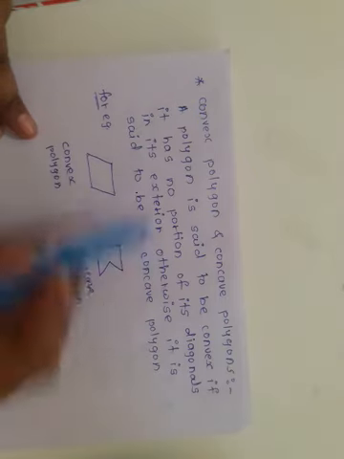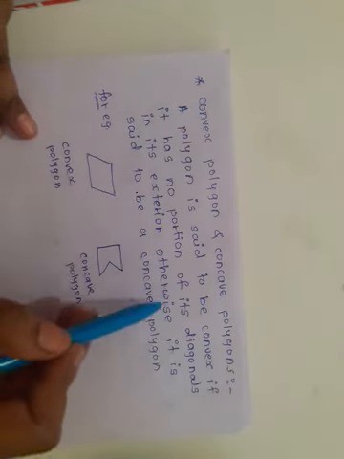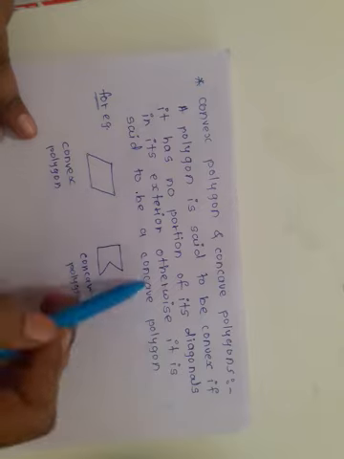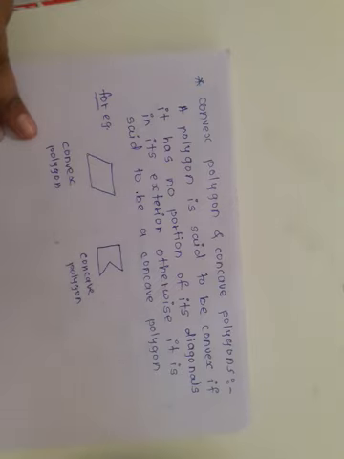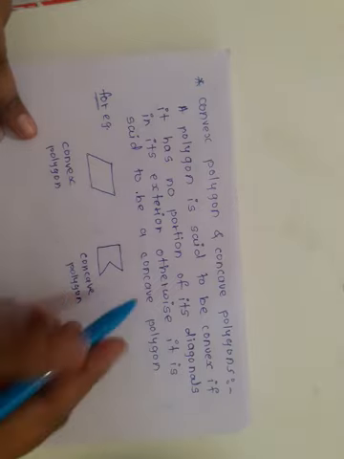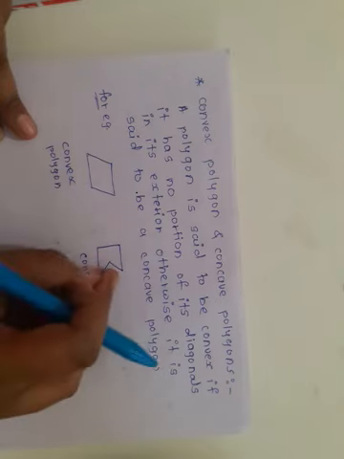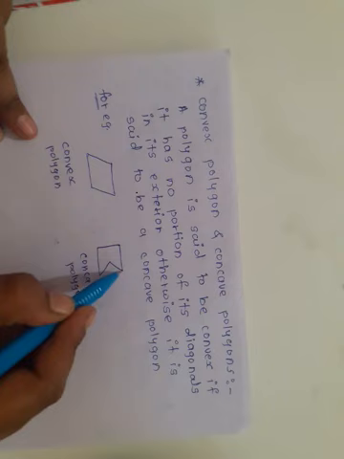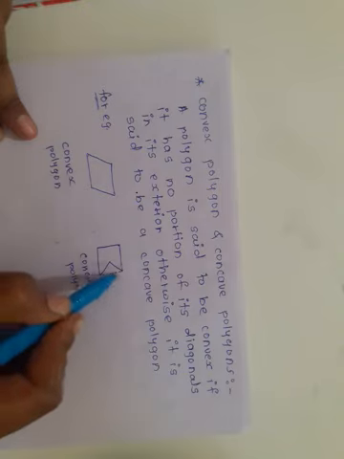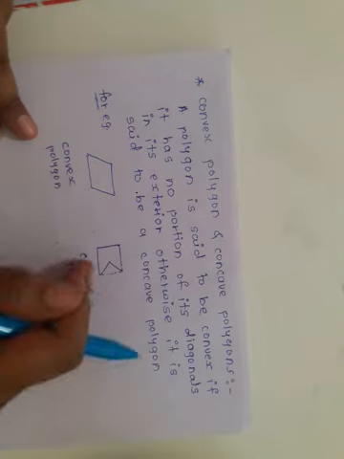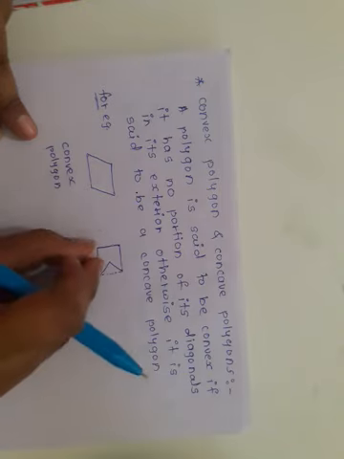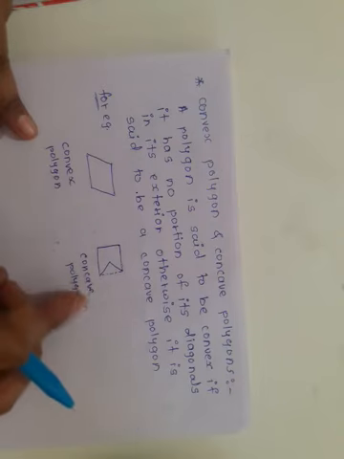A convex polygon is a polygon which has no portion of its diagonals in its exterior, otherwise it is a concave polygon. See, in the concave polygon, the exterior part is this part. In the exterior part we can easily draw a line segment here, meaning we can draw the diagonal outside of this polygon, and therefore this is a concave polygon.